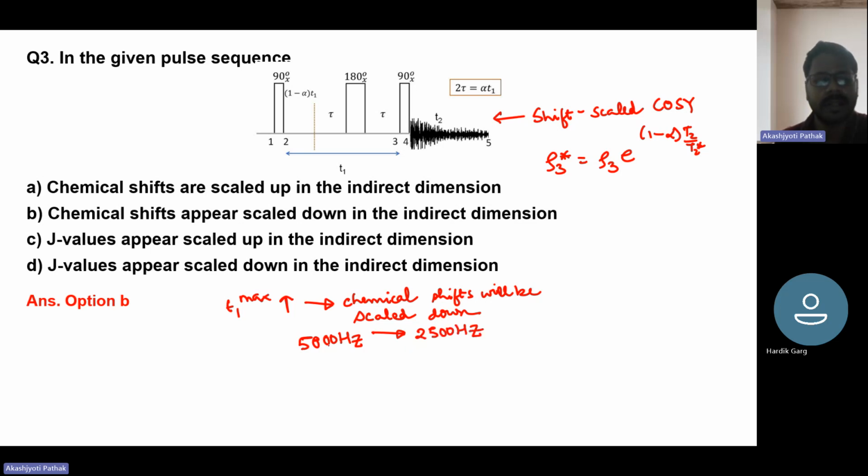So in this case, the increment from experiment to experiment in this T1 period will be twice that in the normal COSY, where you had 5,000 hertz.